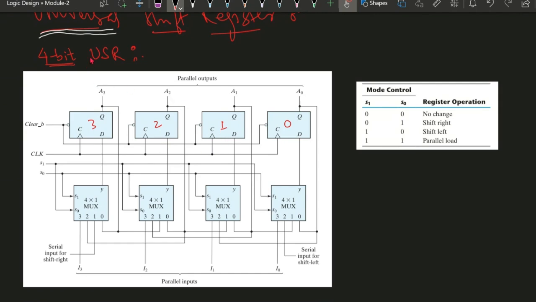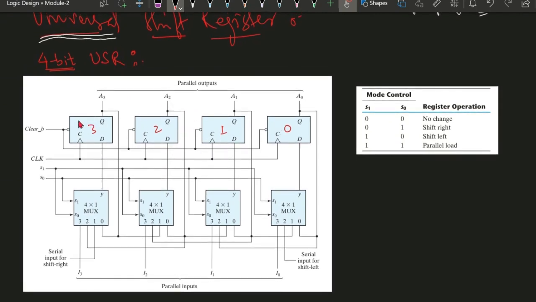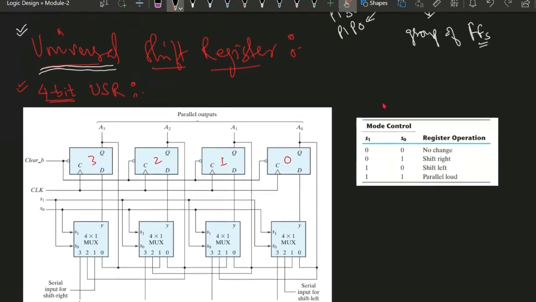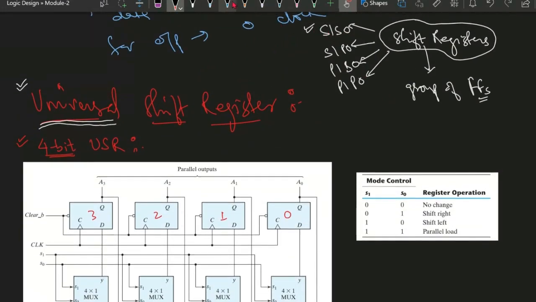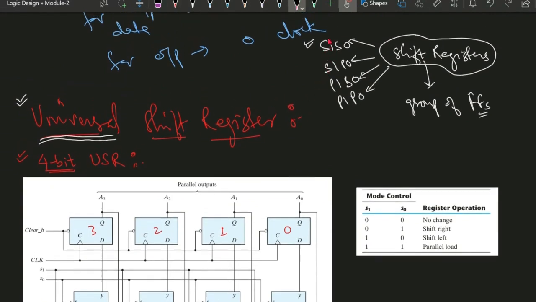For designing the universal shift register, 4 flip-flops are used because it is a 4-bit universal shift register. In case of the different shift registers, serial in, serial out, this universal shift register should constitute the different criteria. It should be able to provide serial input, similarly serial output, and also parallel input, and parallel output.